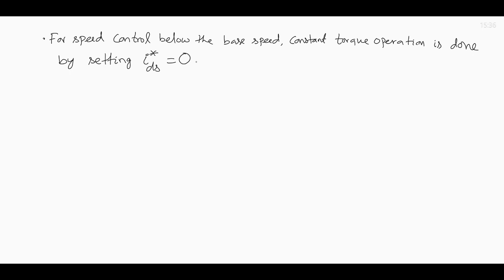That means no field weakening control. For speeds less than omega b, only constant torque operation is done.